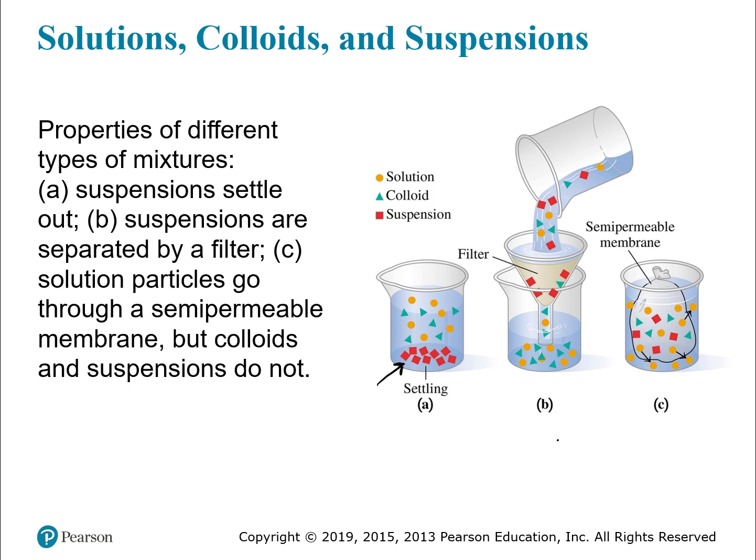If you were to use a semi-permeable membrane, you would be able to isolate both the colloid and the suspension in the membrane, and only the small particles in the solution would be able to freely go back and forth across the membrane. So if you're a visual person, that picture may help.